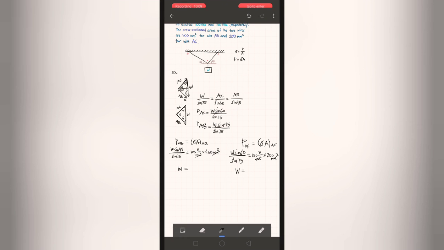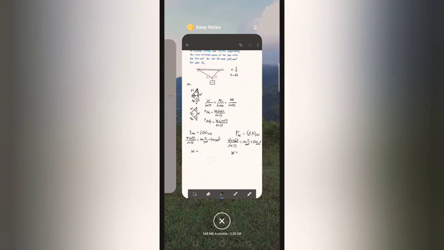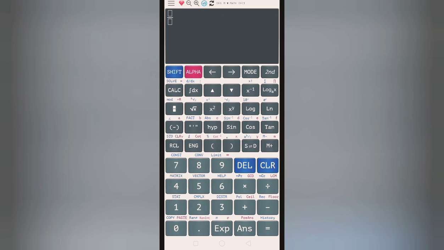So if we plug that into our calculator, 100 times 400 over sine 45 over sine 75, we will then have 54,641 newtons.